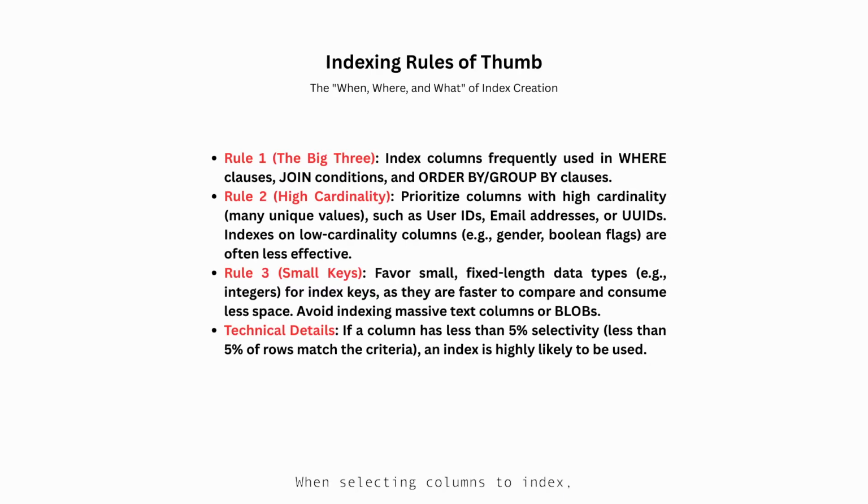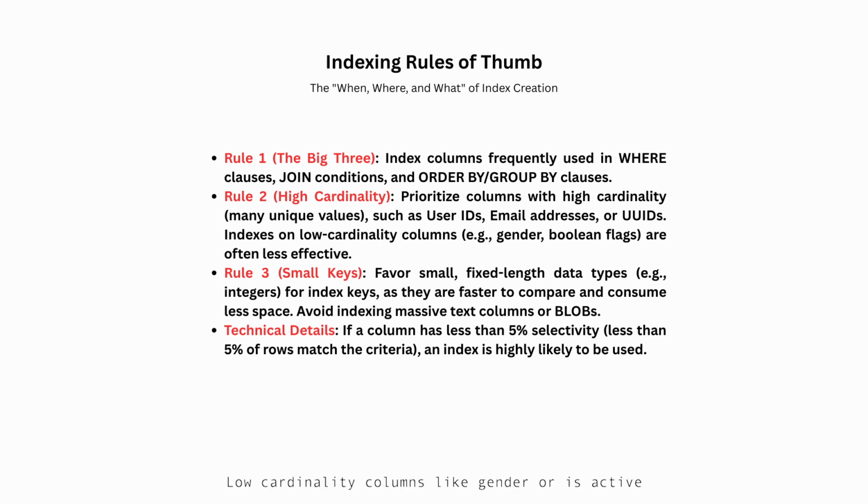When selecting columns to index, follow these three rules. Query patterns: target columns used in WHERE filters, join predicates, and ORDER BY clauses. Cardinality: this is the measure of uniqueness. Columns with high cardinality, like email or UUIDs, make excellent indexes because they filter out a massive percentage of rows.